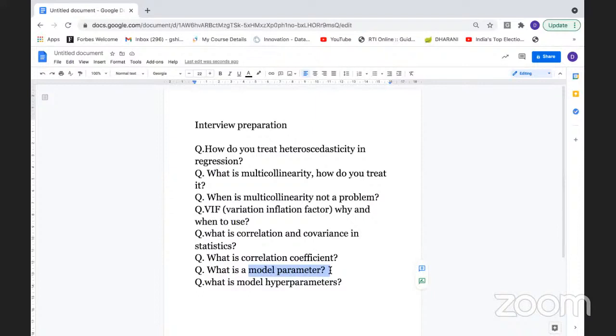It is external to the model and its values cannot be estimated from the data. It is used in the processes to help estimate model parameters. The practitioner often specifies them. It is tuned for any given predictive modeling problem.